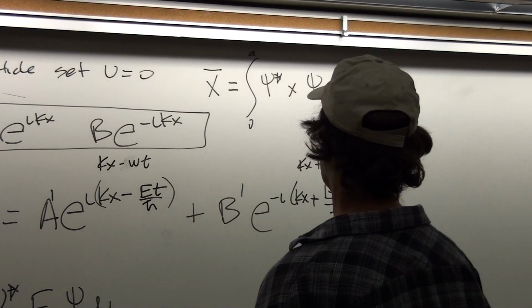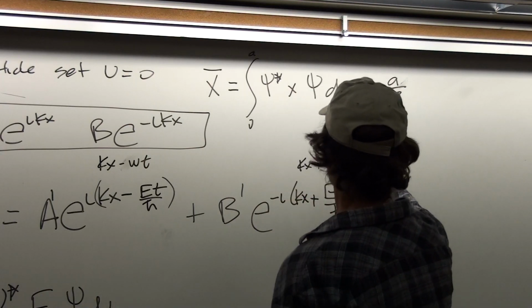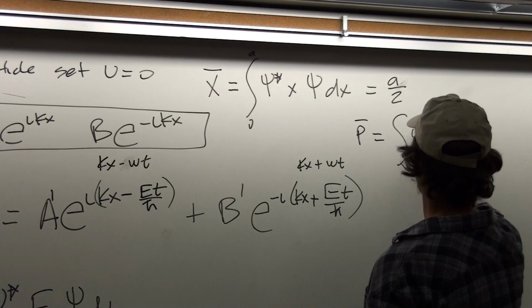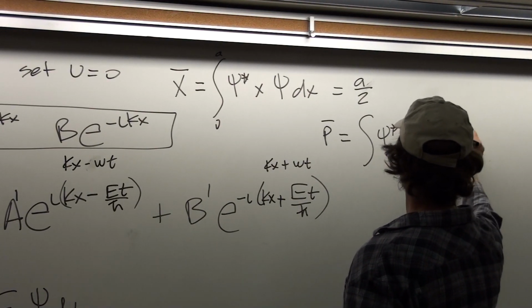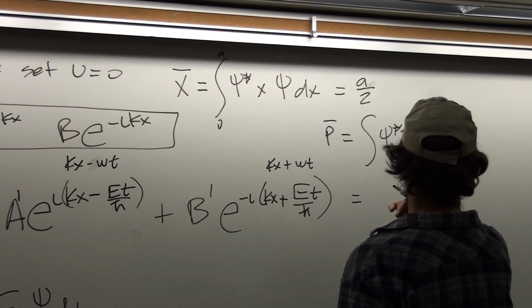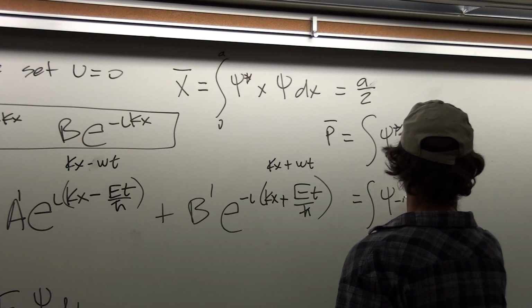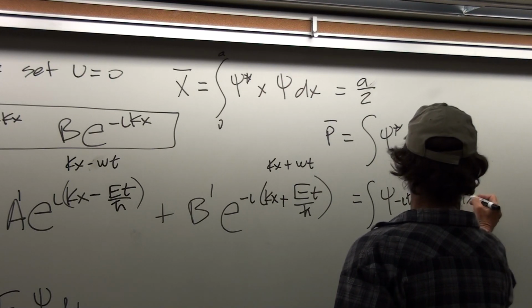midpoint of the box. Okay, and so this is true then for the average momentum. That's just the integral of psi star times p op psi dx. That's the one we just did, where this ends up being the integral of psi times minus i h bar d by dx of psi dx.